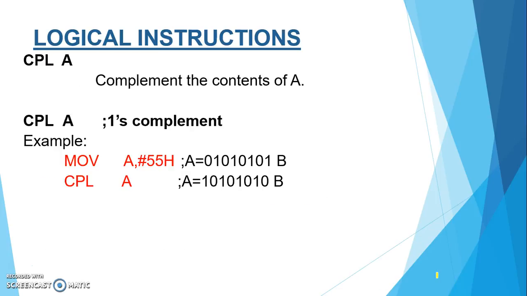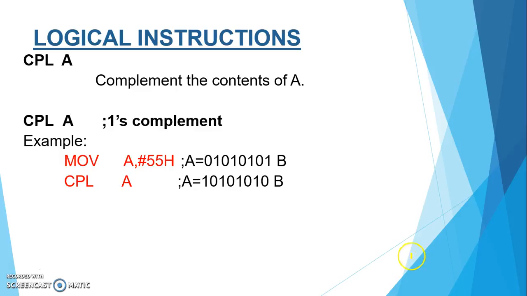Then next to that, the last instruction, which is quite important in logical instructions, is CPL, that is complementing the content. Basically this instruction is used to invert the bits, right? Any bit pattern holding all ones or a combination of 1 and 0, if you want to make 0 to 1 and 1 to 0, that is called complement, right?